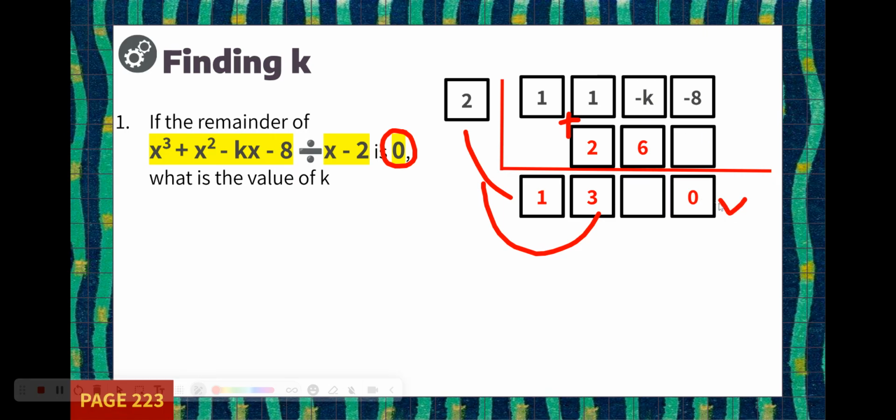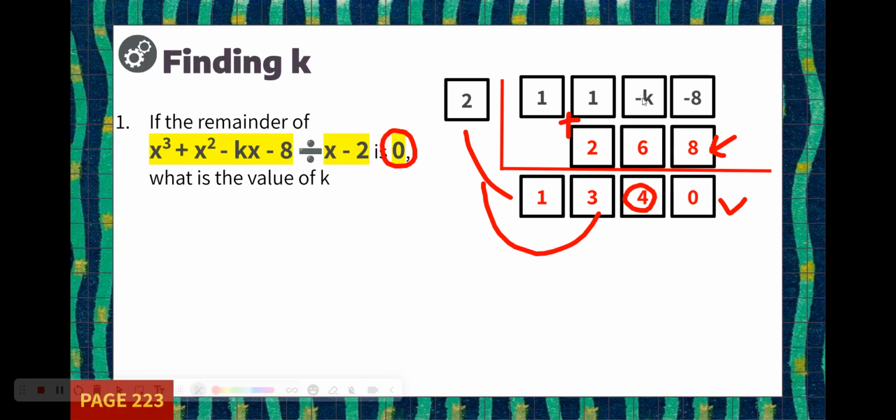On this side, it says my remainder should be 0. So what should be in here to have 0? That would be positive 8. Now that I know that this is 8, and I know that this is 2, what should be in here that will make 8? Again, 2 times whatever this is, that's 8. So that would be 4.